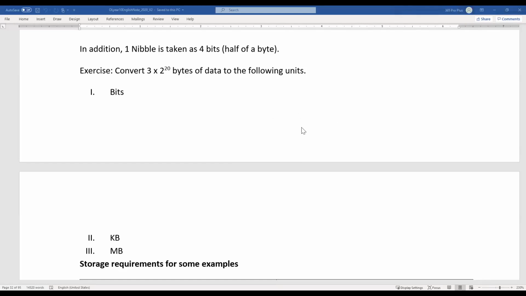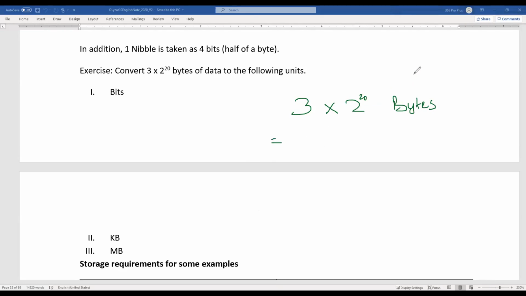So the next one, we have 3 into 2 to the power 20 bytes, and we want to calculate this in kilobytes.